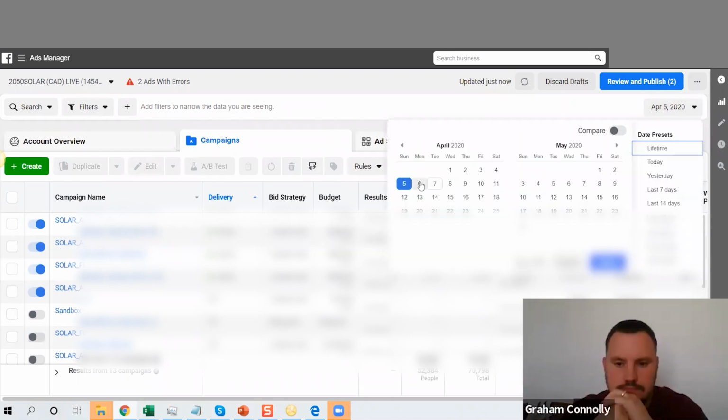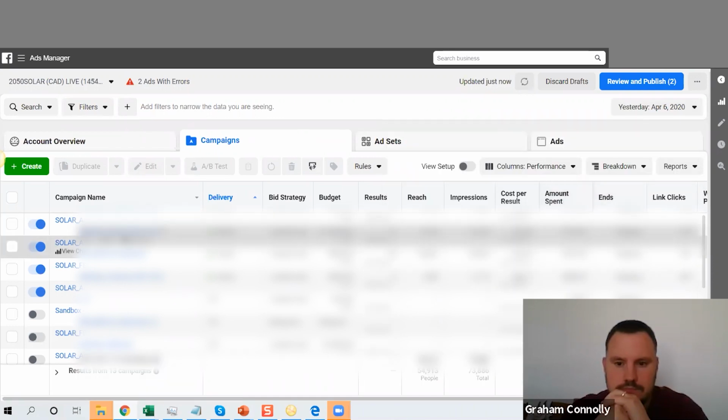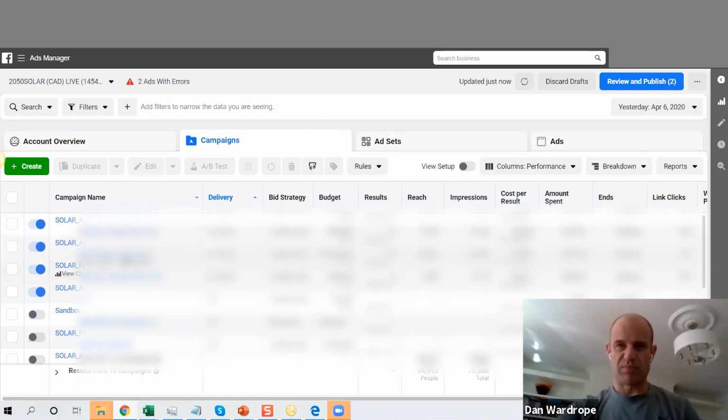Yesterday it was actually cheaper. It's probably closer to about $12 per lead. So on average, we're spending about $1,000 a day. Not a massive account for us, but still fairly significant. So we want to keep a close eye on it.